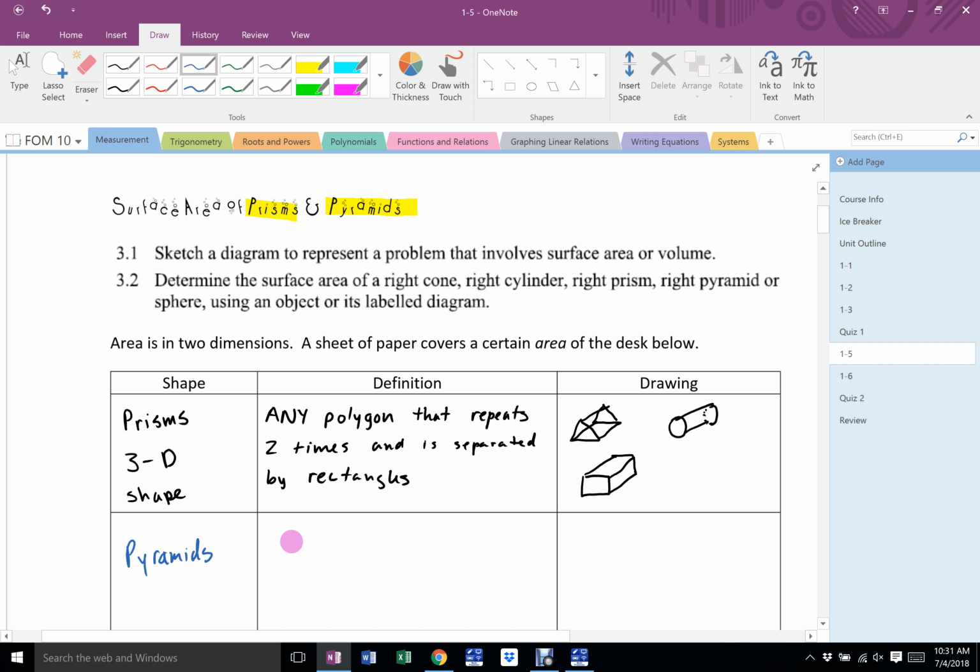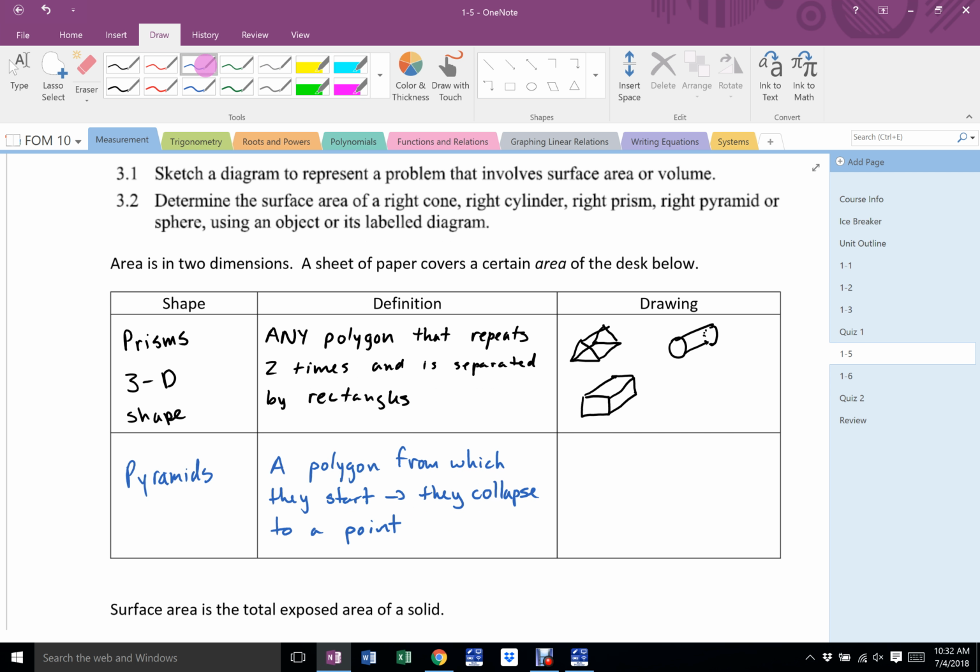Pyramids are different because they have a polygon from which they start. Then they collapse to a point.